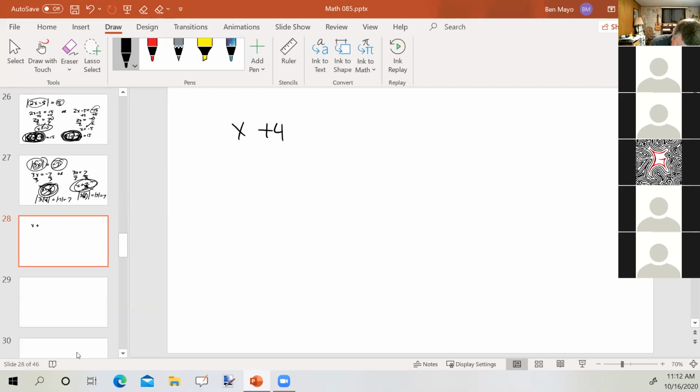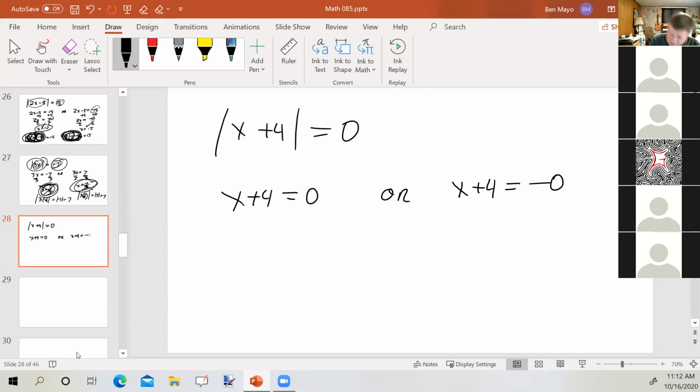The absolute value of x plus 4 equals 0. Well, you've got what's inside equals what's outside, or what's inside equals the opposite of what's outside. But isn't 0 and -0 the same thing? Can 0 be negative? Well, sure, but it's still 0.